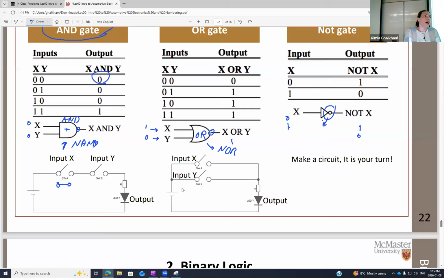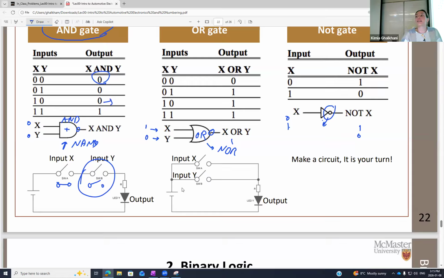For example, I'm not going to have any voltage. Both of the switches are open, the circuit is open. If this one is closed and this one is open, it depends what other components I have, but generally it still means the circuit is open in here. It's 1 and 0. 1 and 0 means again, I have nothing. Circuit is open.